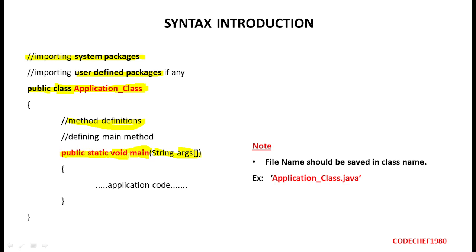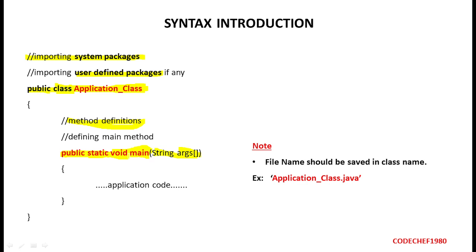You have to use them in the same order. Don't make any combinations, like people may write static, void, and afterwards public. No, not like that. First is the access specifier, which decides whether the main function can be accessed outside of the class and the package. Then static, meaning the object need not be created and the method can be called using only the class name. Then the return type of the method, void, because the main function does not return anything.